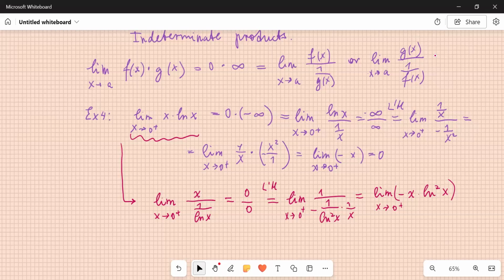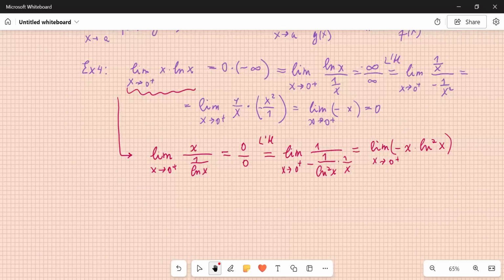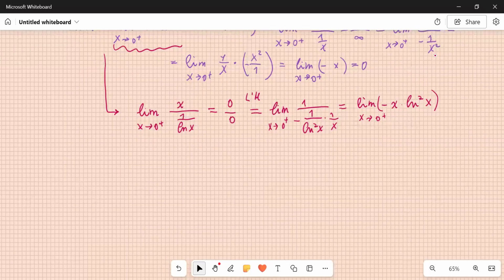Okay, so good. So we know how to use L'Hopital's rule for ratios. We know how to use L'Hopital's rule for products. Now let's learn how to use L'Hopital's rule for differences. For differences, again, the rule is going to be reduced to the fraction.